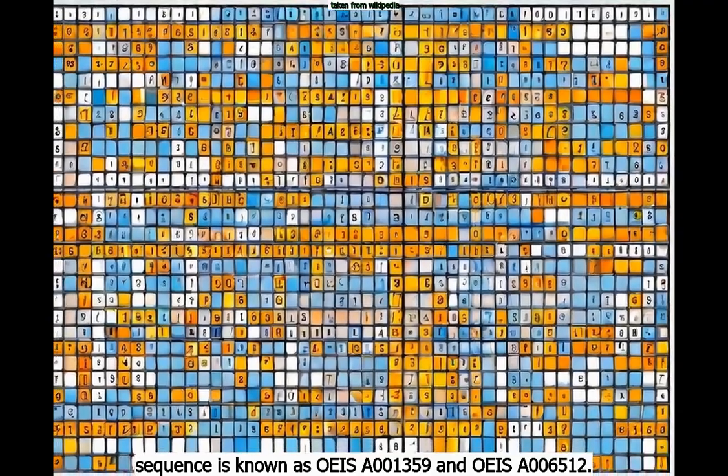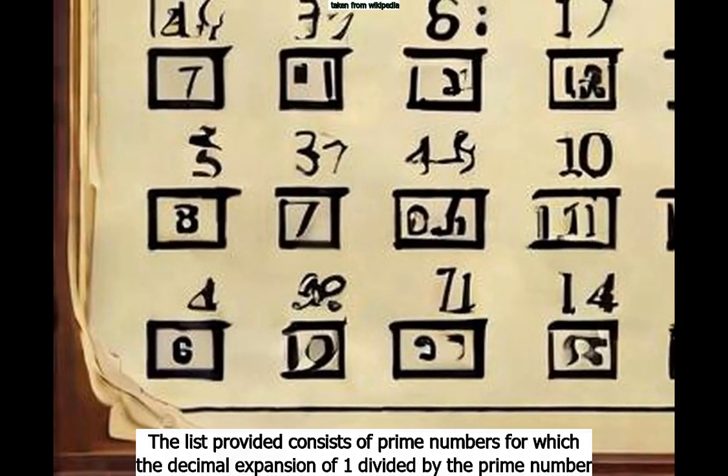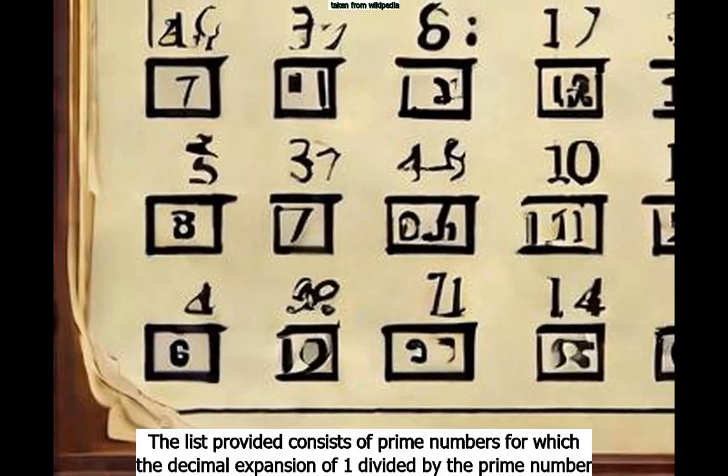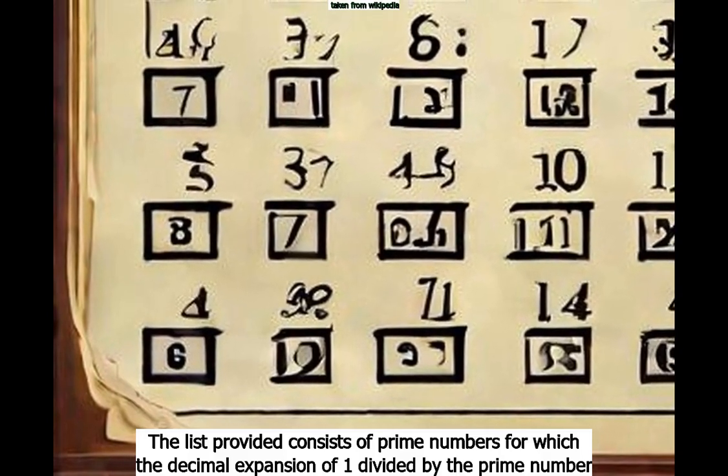The list provided consists of prime numbers for which the decimal expansion of 1 divided by the prime number has a unique period length.